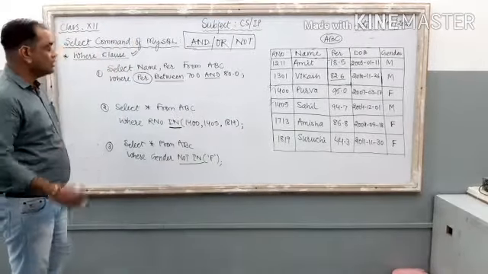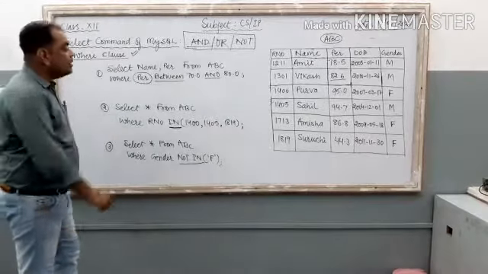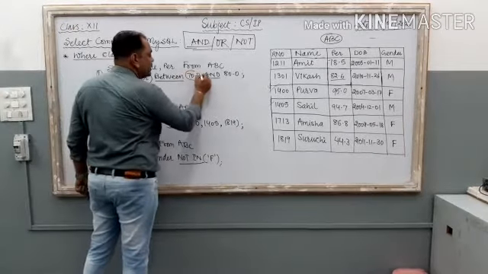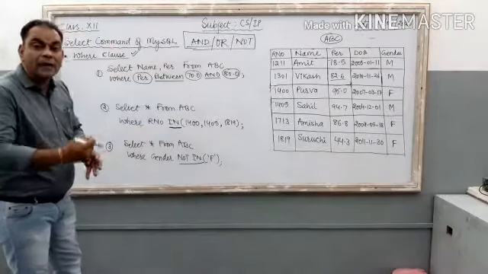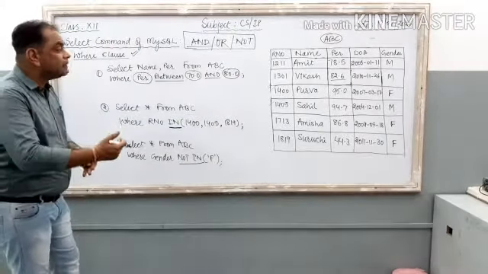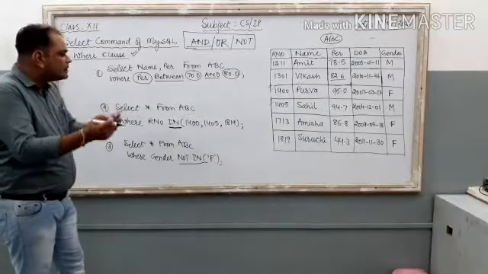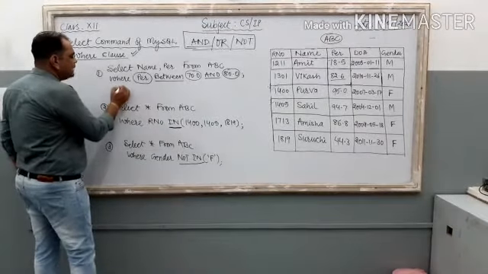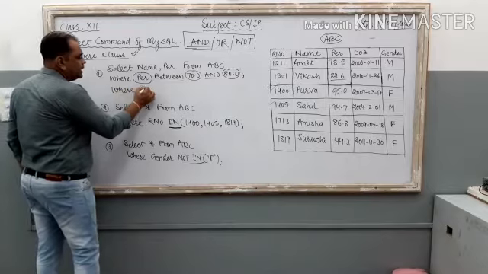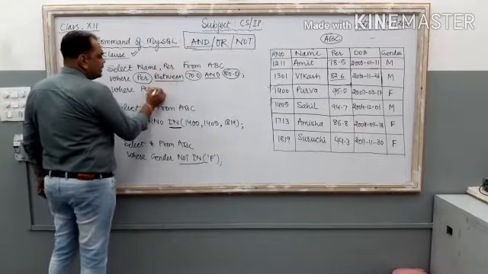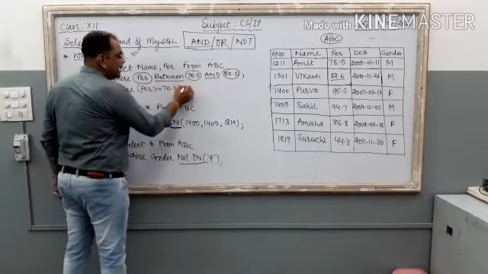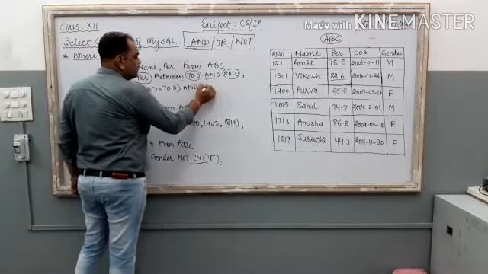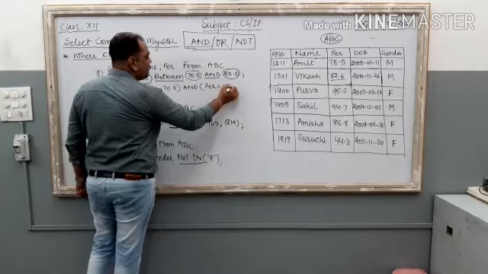It means what? Here, both the values, 70.0 and 80.0, are included, right? Inclusive in the output. It is somehow related to, if I write this command, where PER, percentage column, greater than equal to 70.0 and PER less than equal to 80.